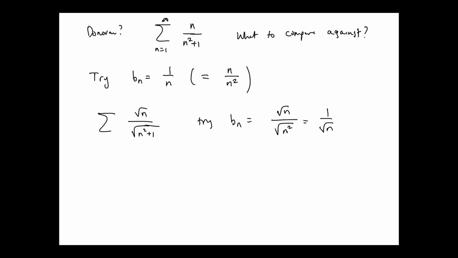So my rule of thumb is if everything's looking good with direct comparison, except the dang alligator's facing the wrong way, then try this other kind of comparison instead. This other kind of comparison, which I'm about to write up, is called limit comparison.